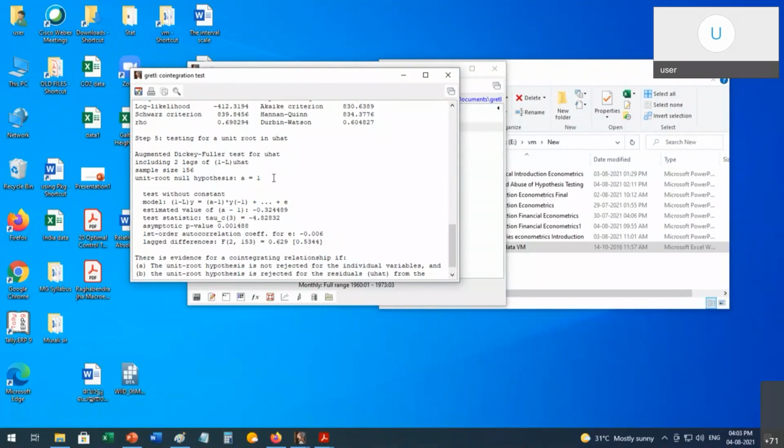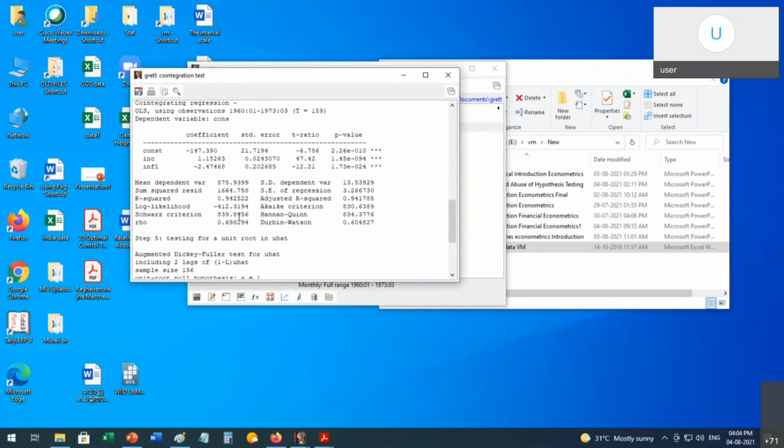That means in the residual there is no unit root. So the residuals are I(0), stationary. If the residuals are I(0), then all the three variables are in a co-integrating framework.